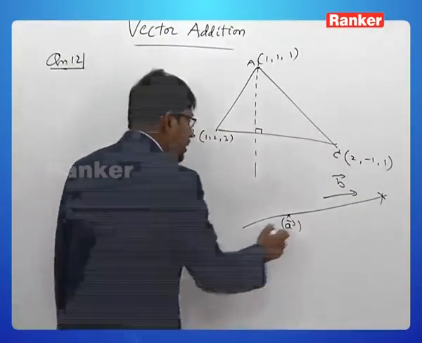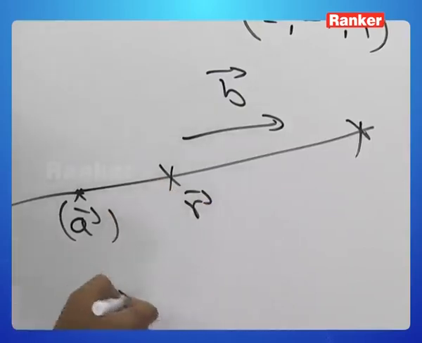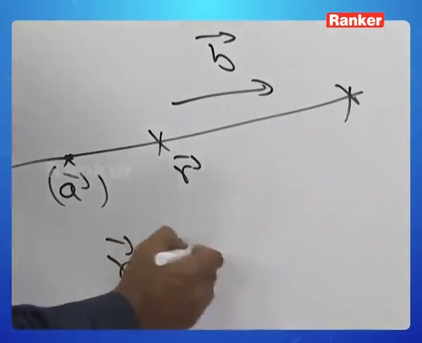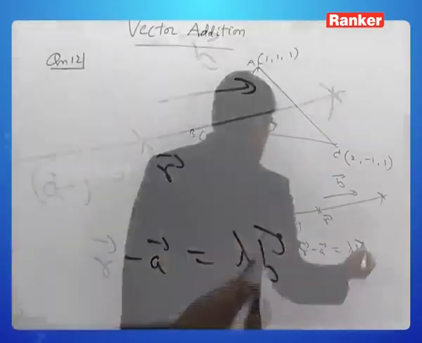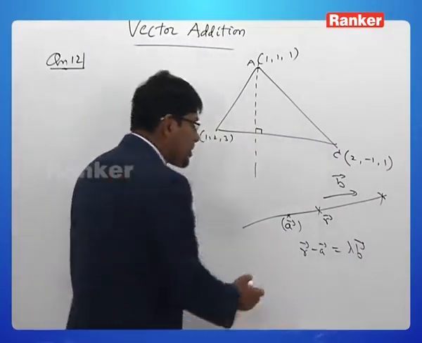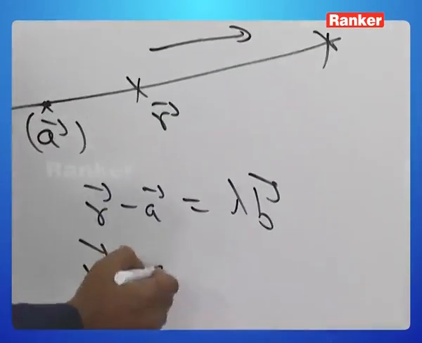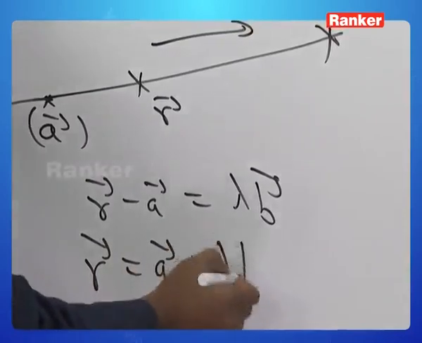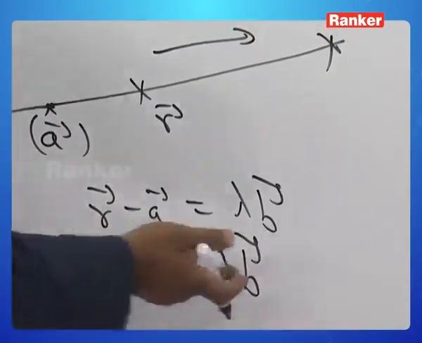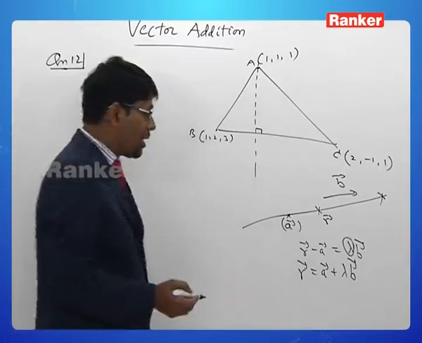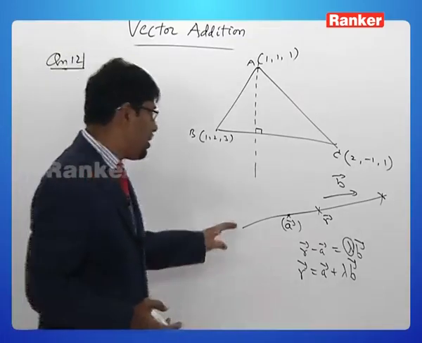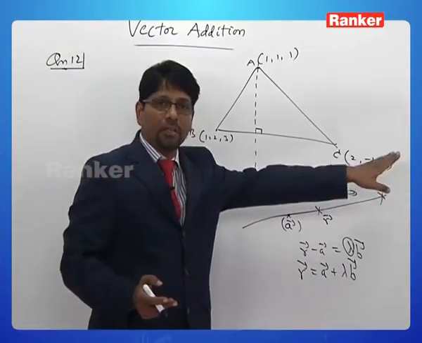If r bar is the position vector of any point on it, r bar minus A bar can be written as lambda times B bar. In other words, r bar can be written as A bar plus lambda times B bar. Lambda is some parameter there.